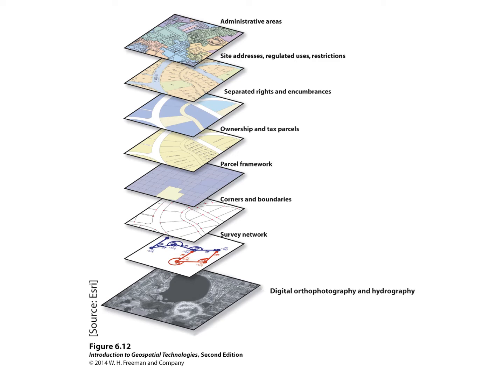You might have administrative areas, you might have addresses and any kind of regulated uses or restrictions. You could have separated rights and encumbrances, basically who owns what. You could have ownership and taxes, parcel information, corners and boundaries, a survey network, and aerial photos and hydrology, and all these different data sets could all be combined together to model any number of things.